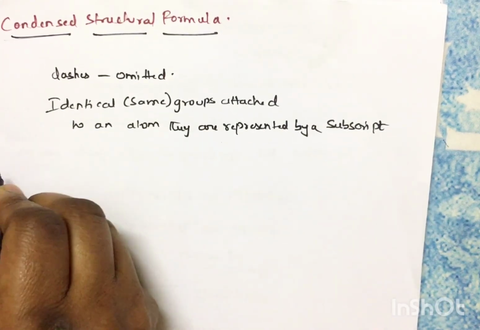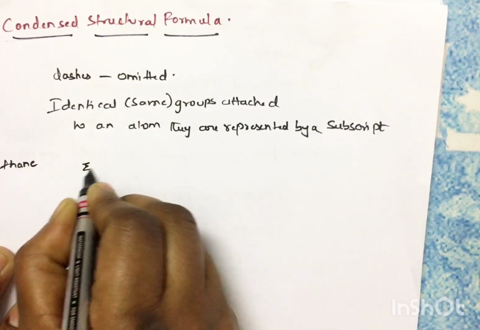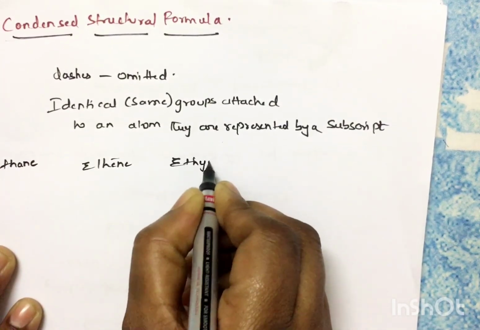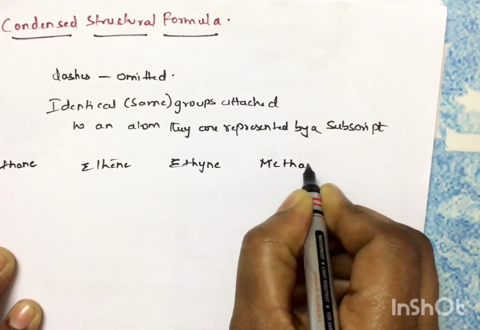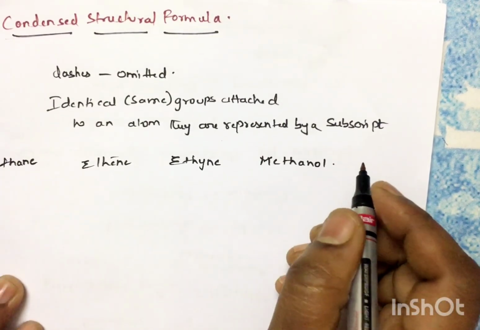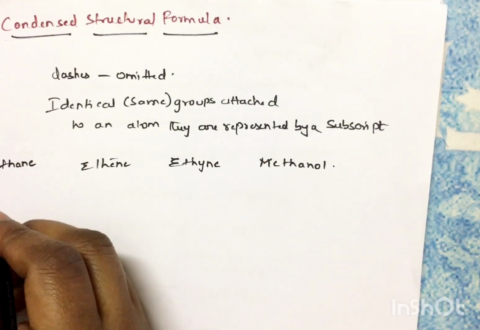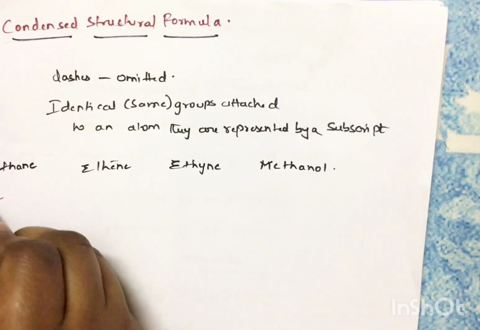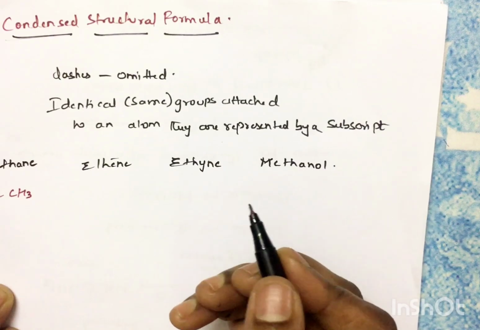Let's see an example. Again we will take the examples of ethane molecule, ethene, ethyne and methanol. So we don't use dash lines to represent the bonds between them. We will simply write CH3CH3 for ethane molecule.